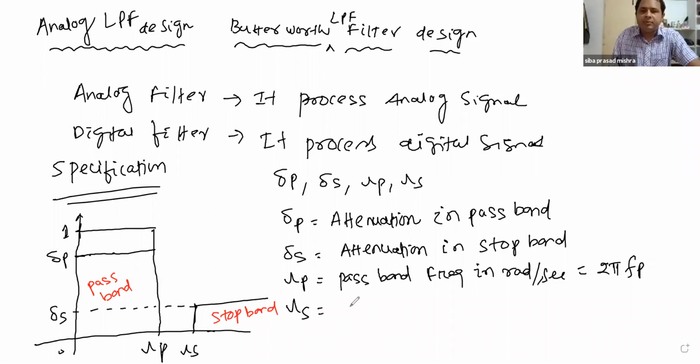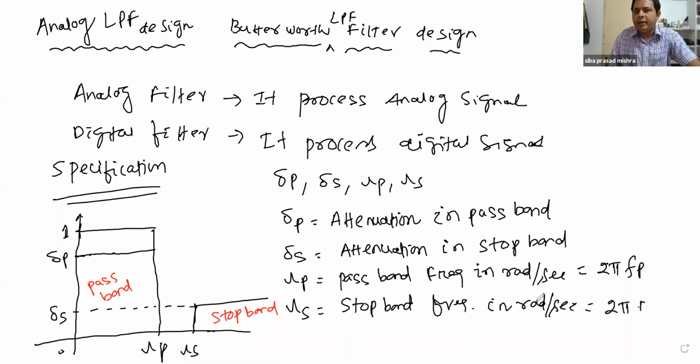Similarly, omega s is the stop band frequency in radian per second, and this is 2 pi fs. This is the stop band frequency in hertz. Okay, clear? So this is very, very important. These are the specifications for the analog low pass filter: del p, del s, omega p, omega s.